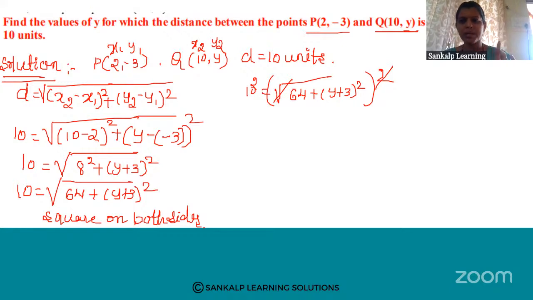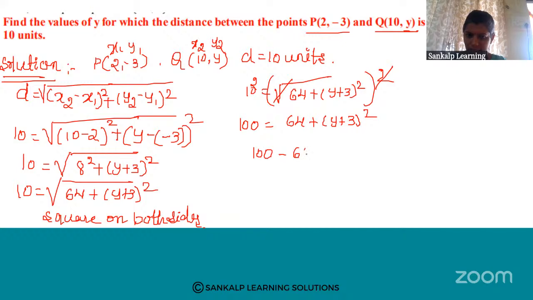When you square, square and square root cancel. Right? Now, 10 square value is 100 is equal to 64 plus (y plus 3) bracket square. Right? Now, transfer this 64 to this side. 100 minus 64 is equal to (y plus 3) bracket square. 100 minus 64 is 36, is equal to (y plus 3) whole square.